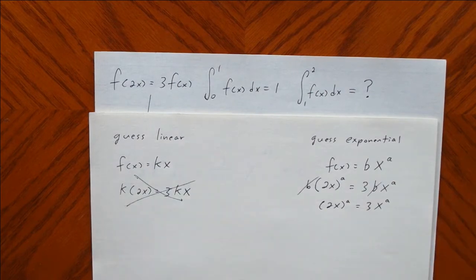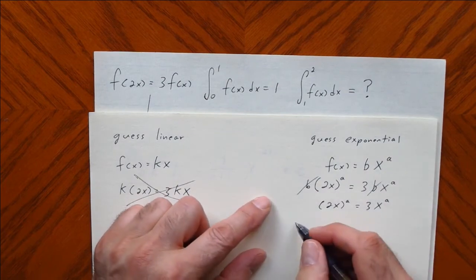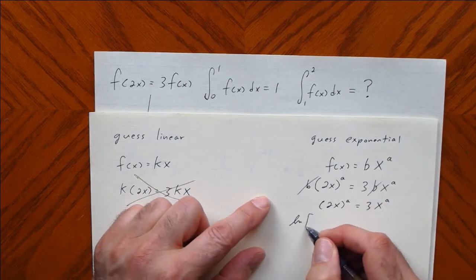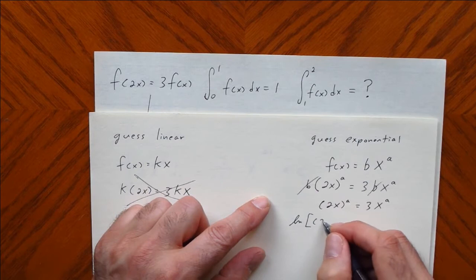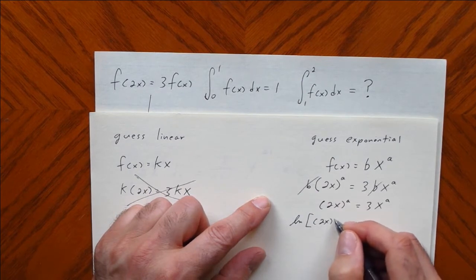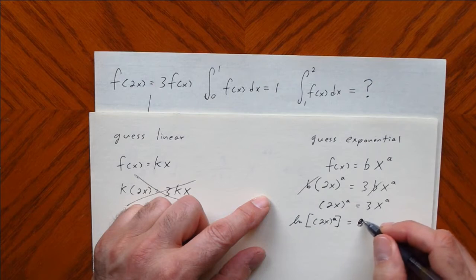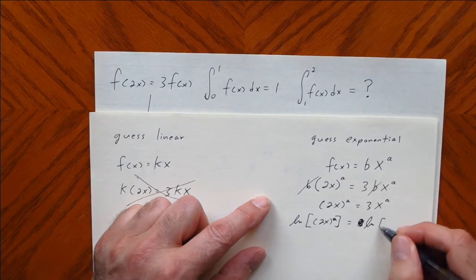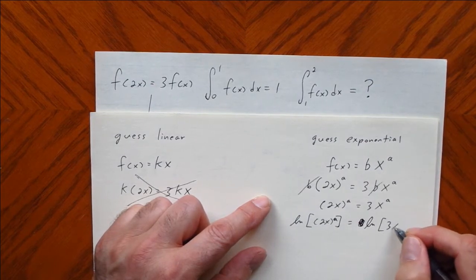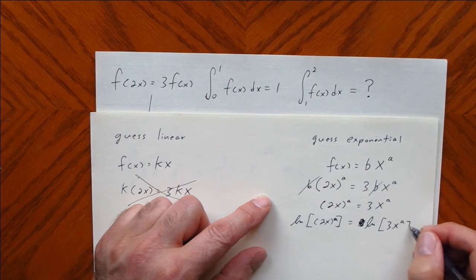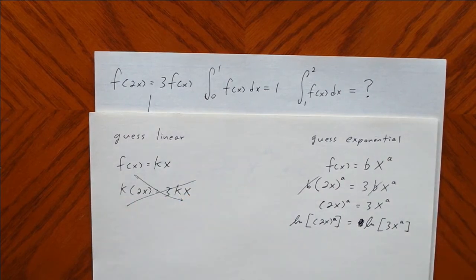Now let's take logarithms of both sides. So we have the natural logarithm of 2x to the a equals the logarithm of 3x to the a. Now we're going to break this up, and we have to be careful. It's easy to make a mistake here.